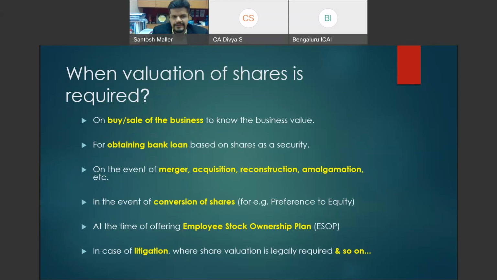You cannot otherwise comply with the legal requirements. So valuation can be required because of a transaction which is being planned, or it can be by way of a legal requirement, that is under the Companies Act, under FEMA, under income tax, or under any other law.